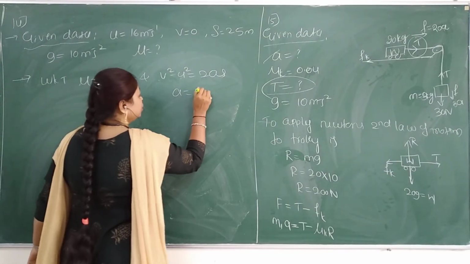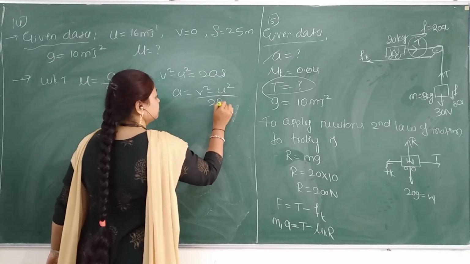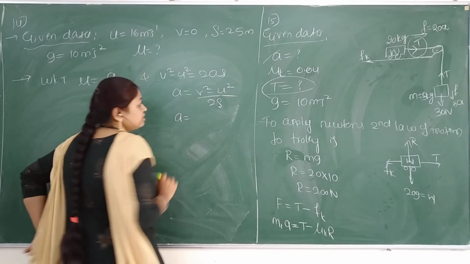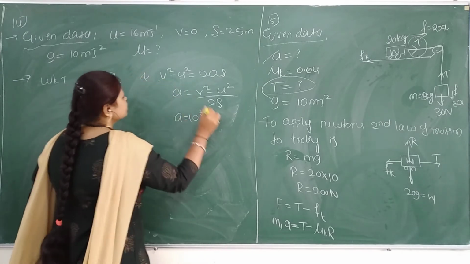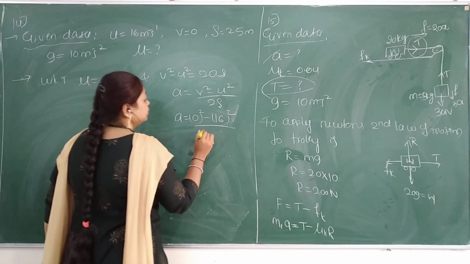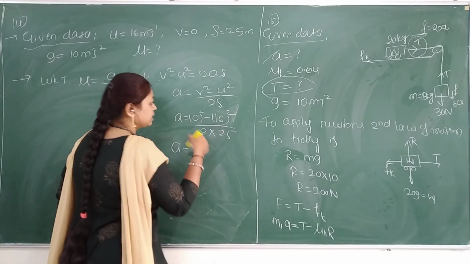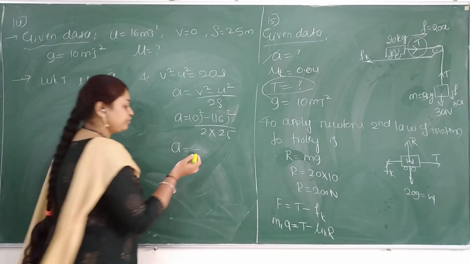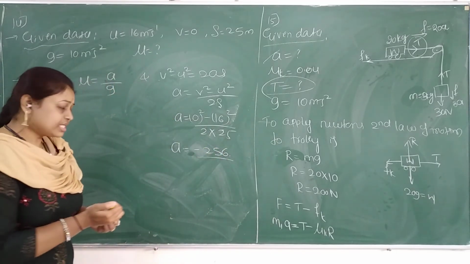A is equal to v square minus u square divided by 2s. A is equal to, v is 0, minus u is how much? 16 square, divided by 2 into 25. Minus 16 into 16 is 256, divided by 50.